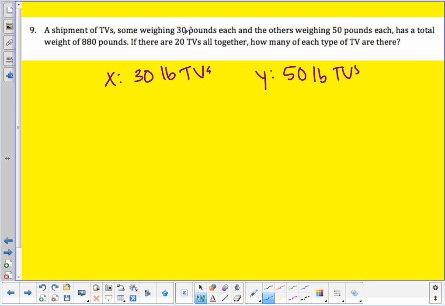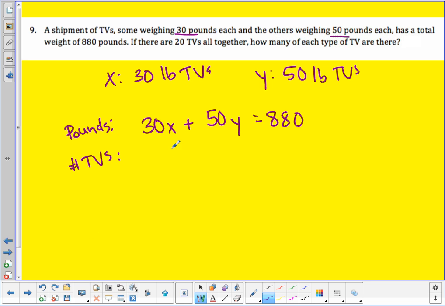This first one, I have 30 times every X plus 50 times every Y is equal to a total of 880 pounds. So this is like the pounds. Okay, and then the other one is just the number of TVs. That one is just going to be X plus Y equals 20.